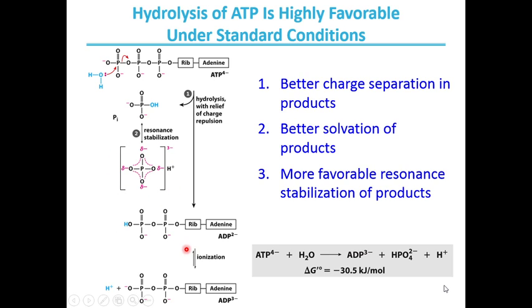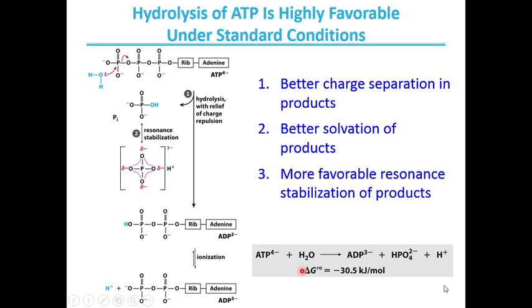Phosphate or ADP are better solvated as compared to ATP. Third reason is that there is more favorable resonance stabilization of the products. As compared to ATP, the phosphate has more resonance forms as shown here, and ADP has more resonance forms than ATP.